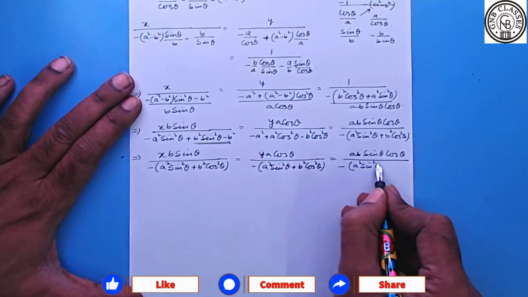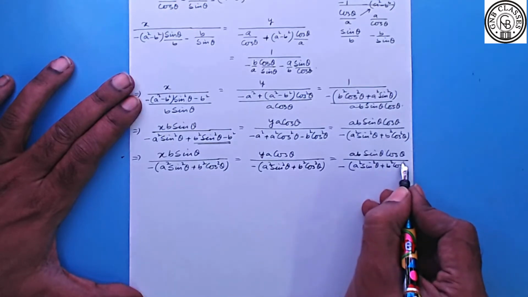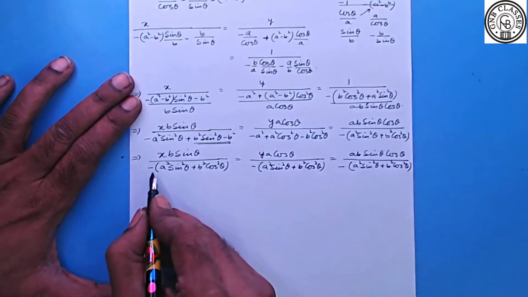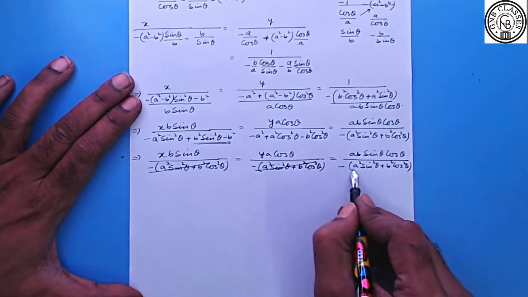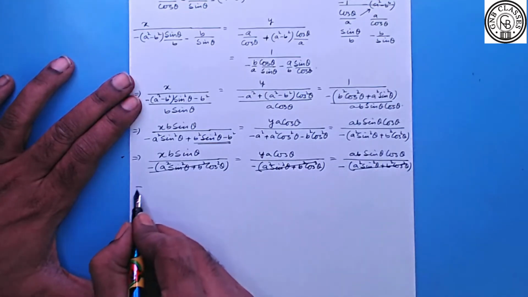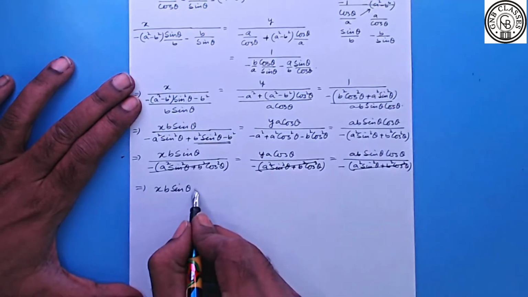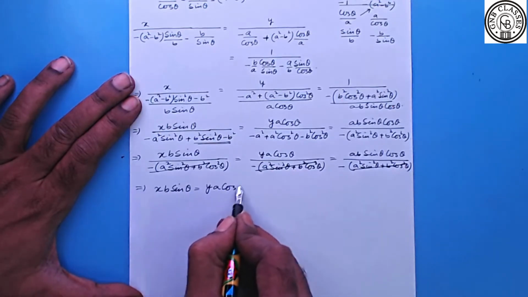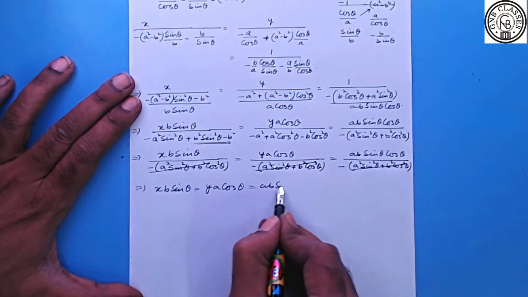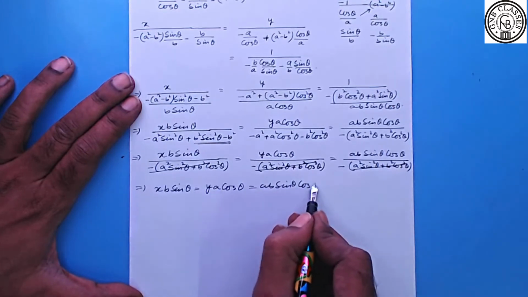Now this and this will go off. So we are left with what? x b sin theta equals y a cos theta is equal to ab sin theta cos theta. Is it clear?